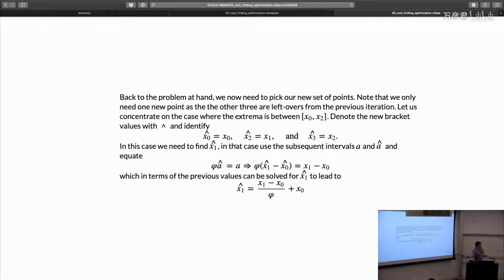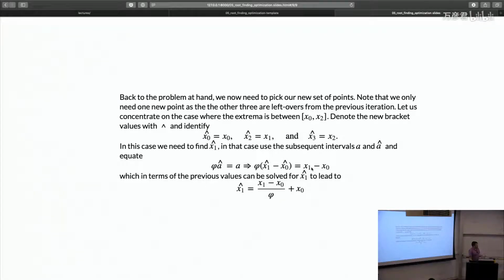We still have one more point to get out. We still need x hat 1. And we can use the golden ratio, by the fact that we know a, and there's a relationship between a and a hat, because we always want this to be the golden ratio in between these two. That's the proportionality going down. So that's a nice way to define it. Now we have a relationship between x1 and x0, because that's what defines a, or a hat in this case.